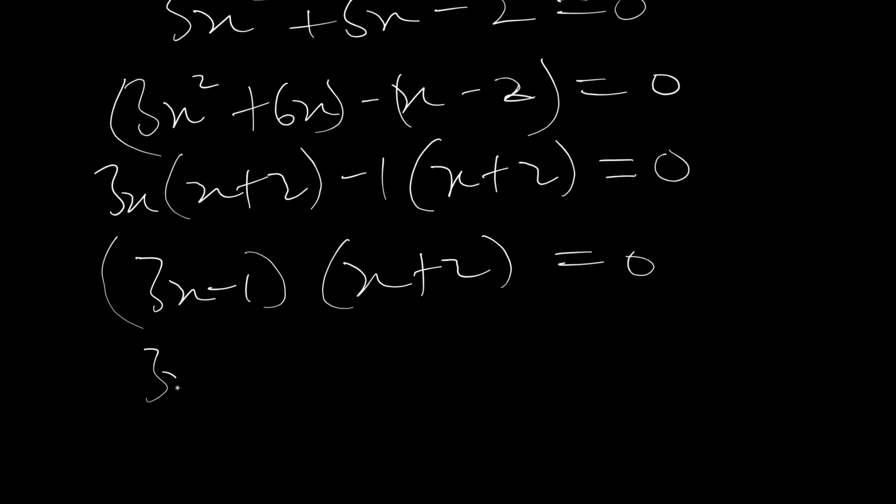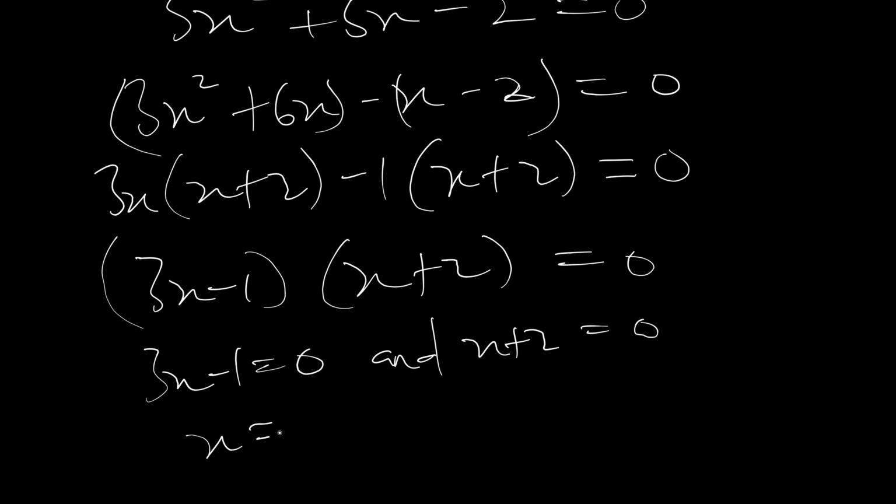So we have 3x minus 1 is equal to 0 and x plus 2 is equal to 0. When we make x the subject here, our x will be equal to 1 over 3 and x is equal to negative 2. So our values for x will be 1 over 3 and negative 2.